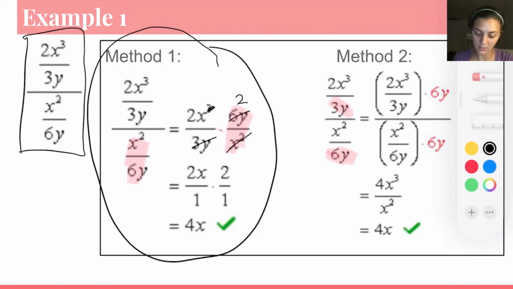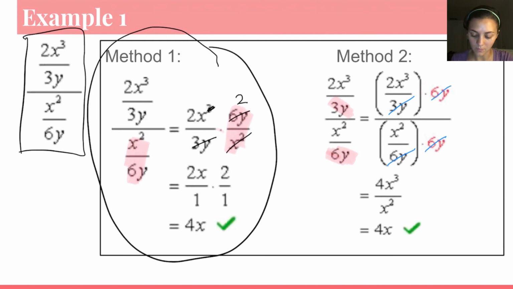It's why they chose it. So this cancels out. And then it also cancels out the 3y, though it leaves a 2 behind. So a 2 gets left behind in the numerator, which is how we get 4x cubed over x squared, which is 4x. So both work. Use the method you like better. In this case, you choose.